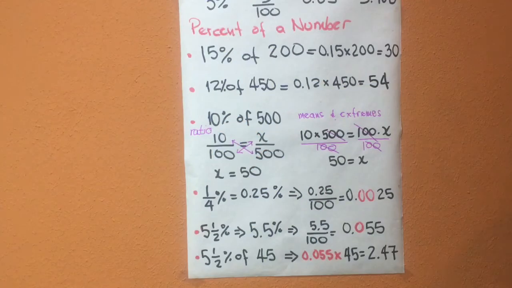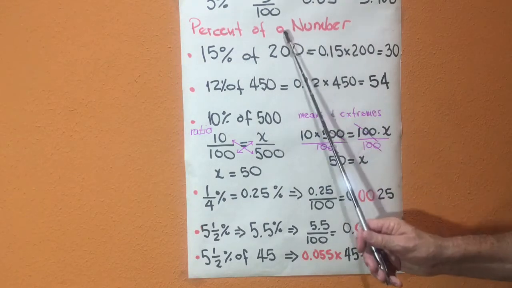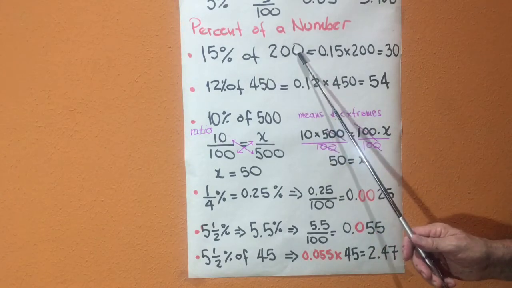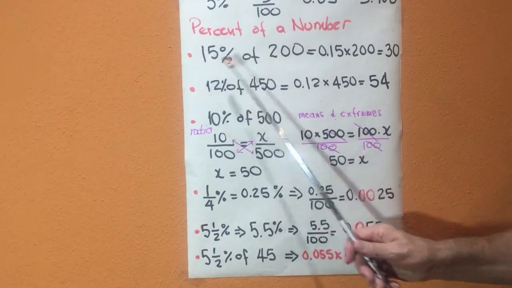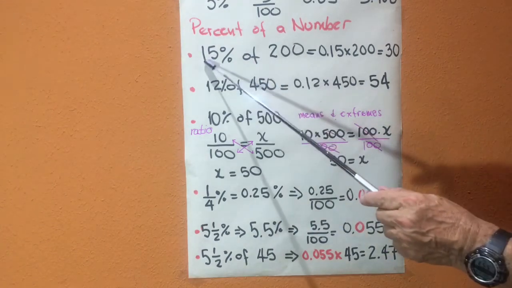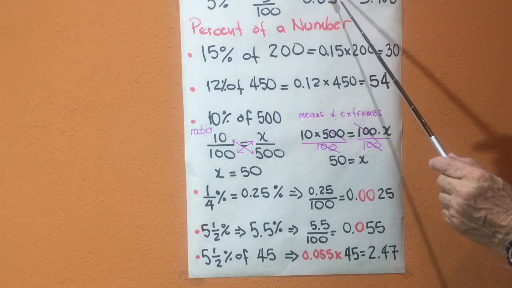Okay, how do we find the percentage of a given number? Let's say that we have 200. We want to know how much is going to be the 15% of 200. Well, what I have to do is change 15% into its decimal form.